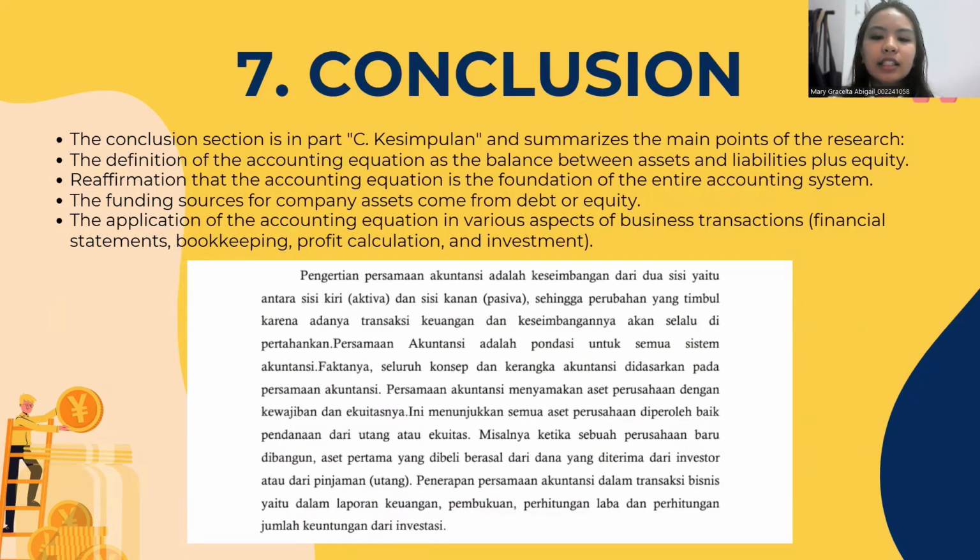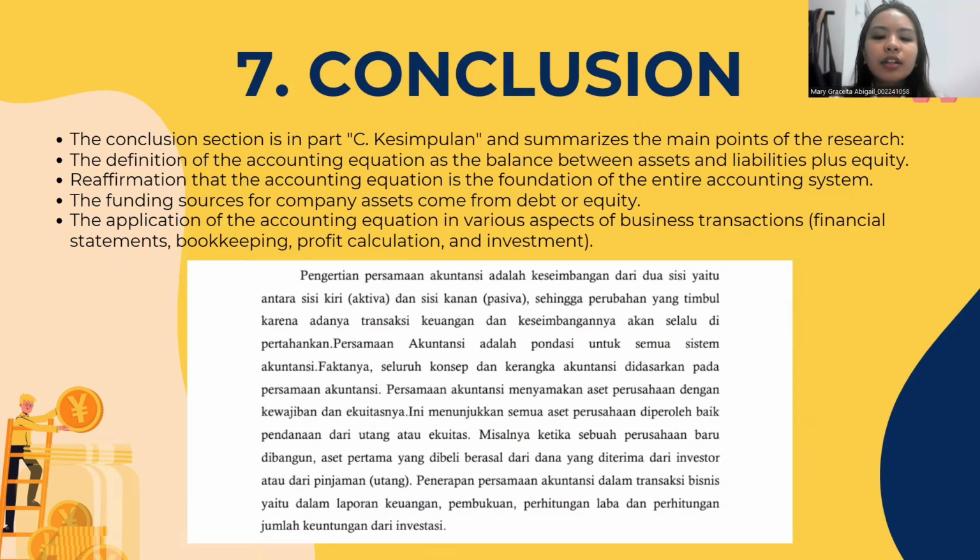Next, the seventh section, or the last part, is the conclusion. The conclusion section is in part C, kesimpulan, and summarizes the main points of the research. 2. The definition of the accounting equation as the balance between assets and liabilities plus equity. 3. Reaffirmation that the accounting equation is the foundation of the entire accounting system. 4.